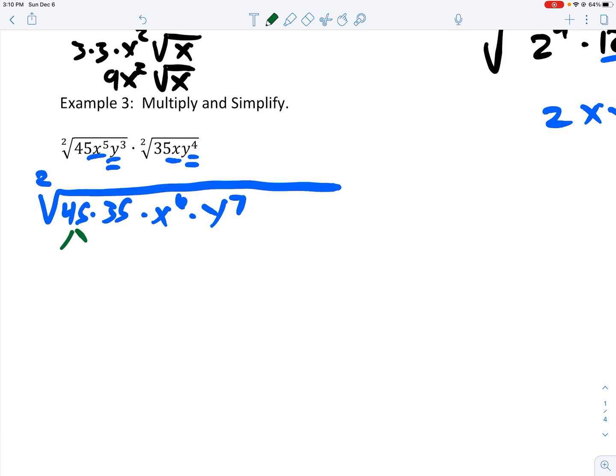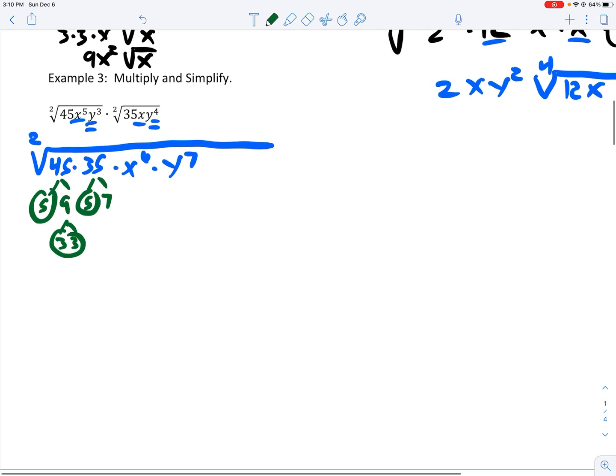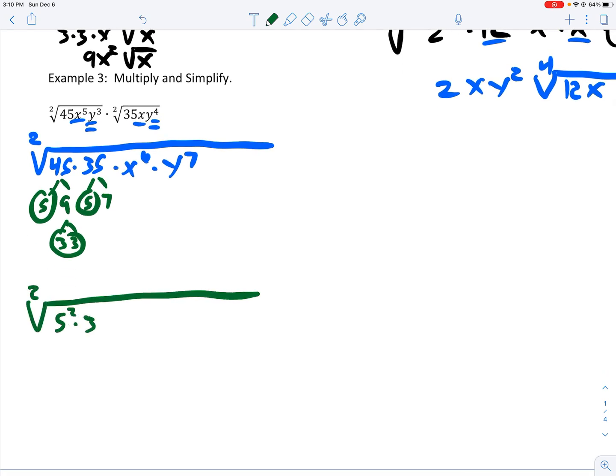So 45 is 5 times 9. Right? 35 is 5 times 7. So there's a pair of 3's and a pair of 5's. So I can rewrite this as 5 squared times 3 squared. And then you still have that 7 as well.